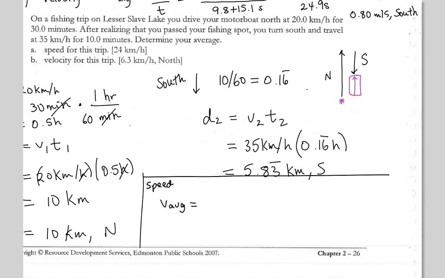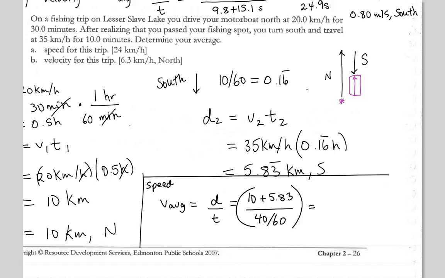So speed will be d over t, our 10 plus 5.83, all over the total time, which is 40 minutes. So 40 out of 60. That will be our V average.